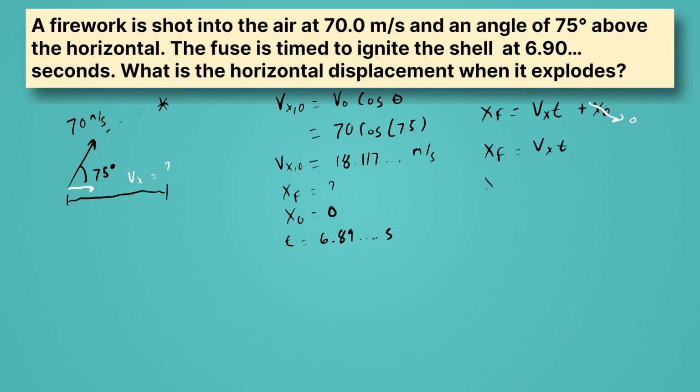And now what I'll do is I'll plug in that velocity in the x direction that we found, which is 18.117, and there's some other stuff there that we'll keep in our calculator, times the time, which is 6.89, and some other stuff that we should also keep track of in our calculator. When we multiply those together, we'll get 124. And that 4 means we're going to round down, again, to 2 sig figs. So we'll go to 120 meters. So to 2 sig figs, we know that the x final is 120 meters.